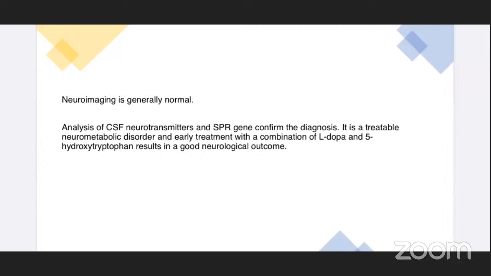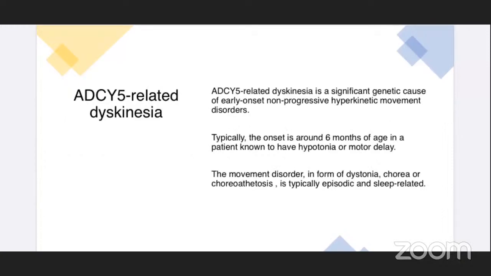The next condition we have here is ADCY5-related dyskinesia. It's a significant genetic cause of early-onset non-progressive hyperkinetic movement disorder. Typically, the onset is around 6 months of age in a patient known to have hypotonia or motor delay. The movement disorder takes the form of dystonia, chorea, and choreoathetosis, and it typically occurs episodically and is sleep related.